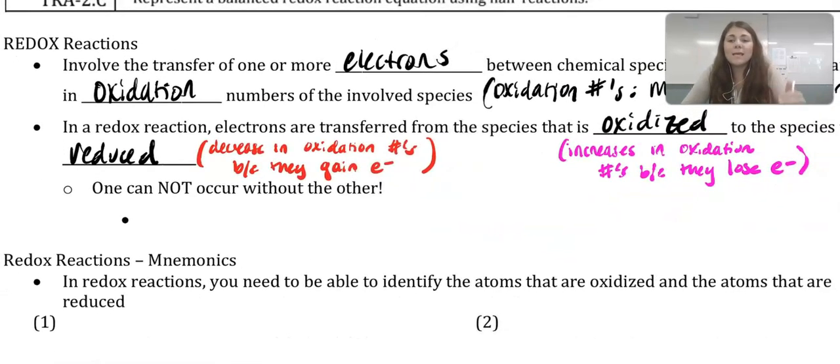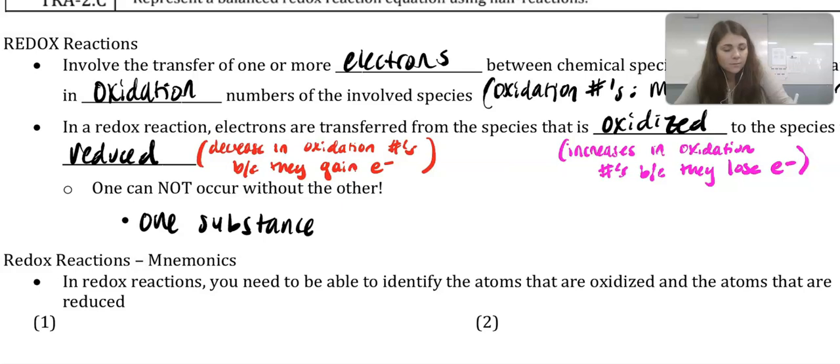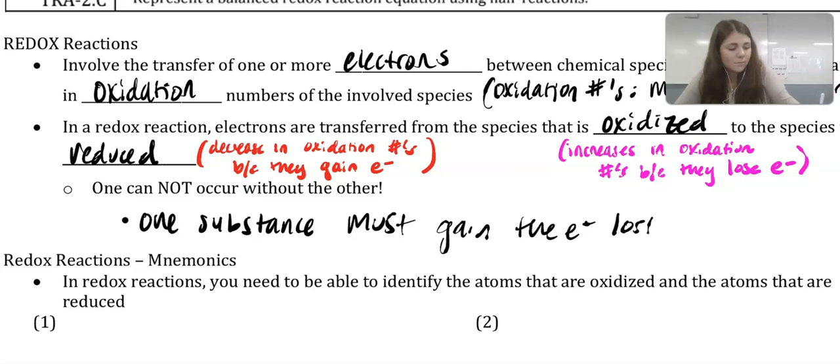Please note that one cannot occur without the other. One substance must gain the electron lost by another.